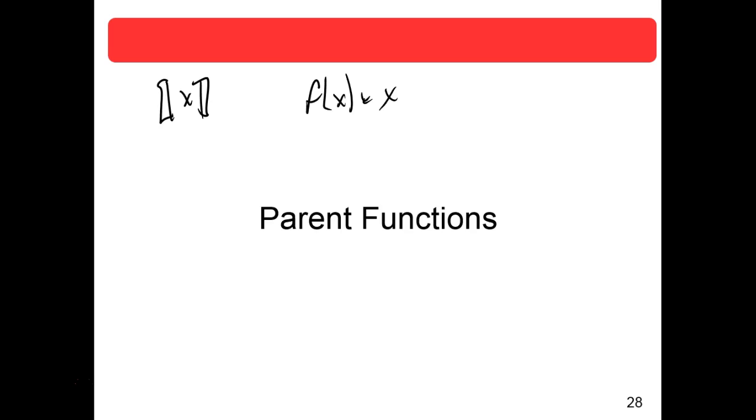Identity function. Excellent. How about this one? Reciprocal function. Excellent. Either the squaring function, and the book called it the quadratic function right at the end. Okay? How about this one? The square root function.